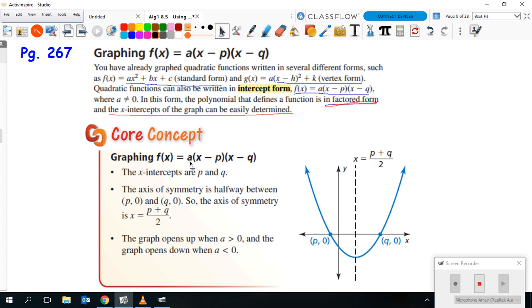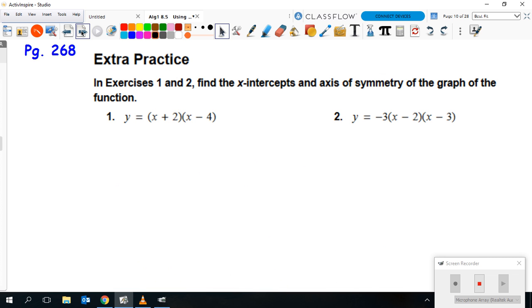All right, first though, let's take a look at page 268 in your journal book. On the first two extra practice problems here, we're not graphing anything. We are finding the x-intercepts and axis of symmetry of the graph of the function. Okay, so there's those two things that we need to find first before we can actually graph the function.